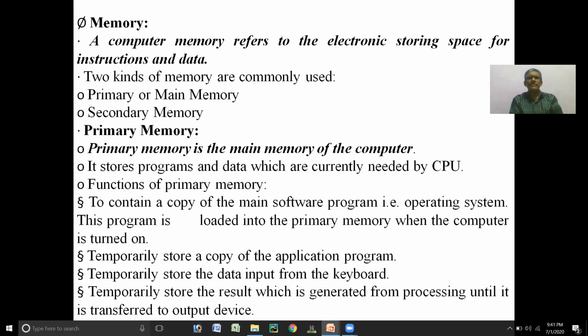Then we'll study the functions of primary memory. To contain a copy of the main software program, that is the operating system, when the computer boots, with the help of BIOS, the operating system loads it onto the primary memory.